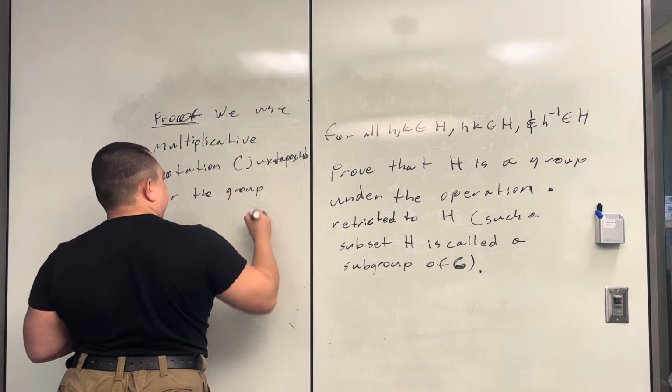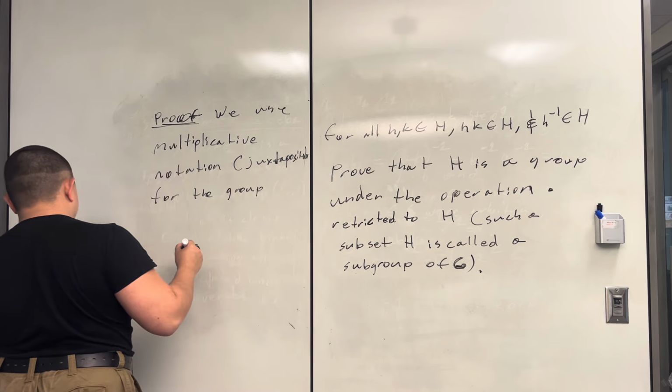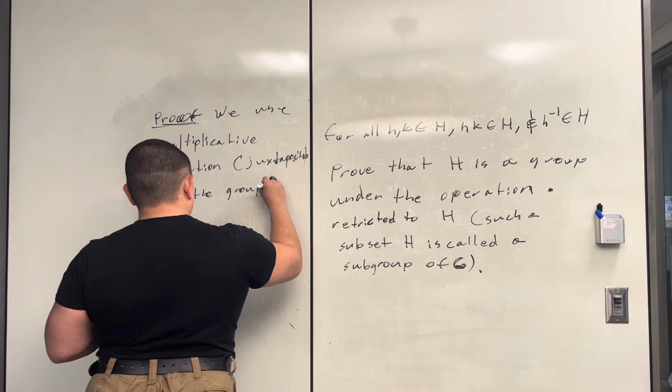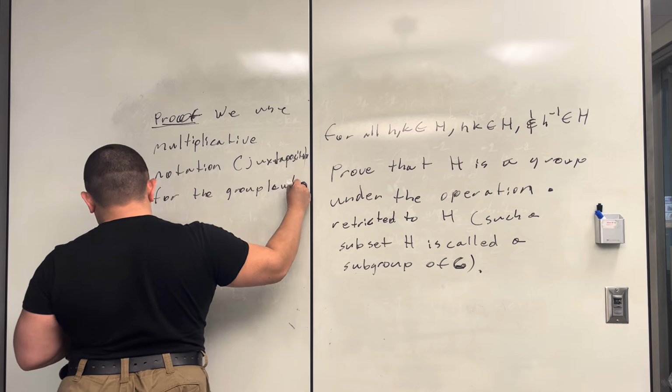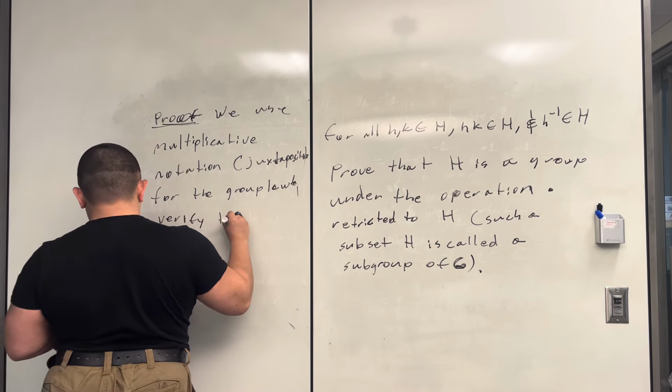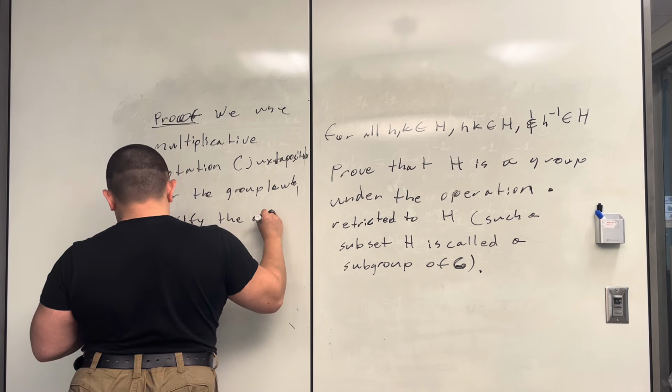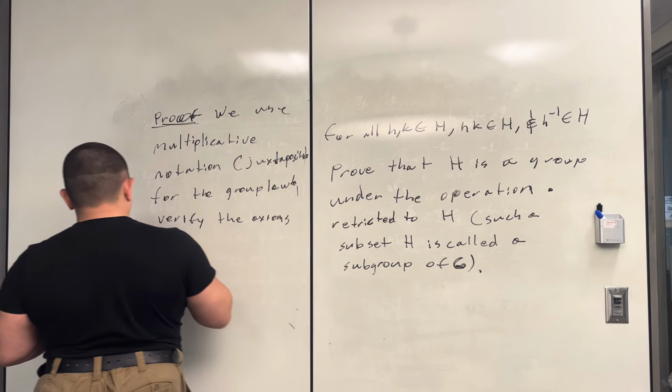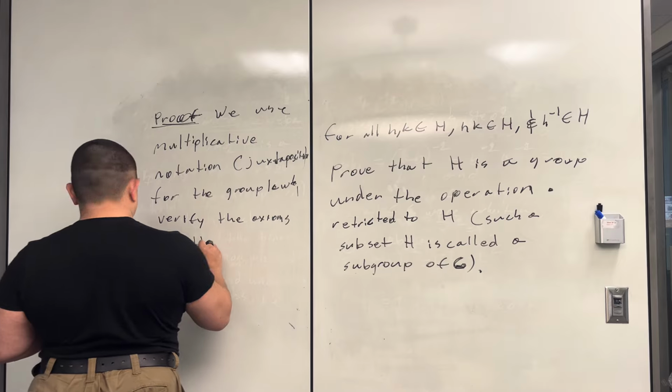Yeah, I misspoke earlier whenever I called H a group, because that's what we're trying to prove. We don't know that. So for the group law, verify the axioms on H.